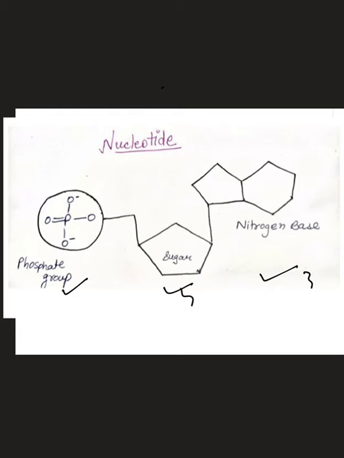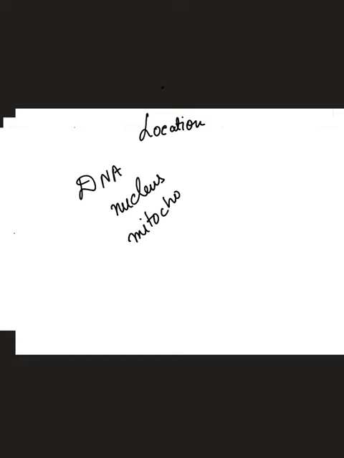Now let's move on to the differences between RNA and DNA. Based upon the location, we can see the difference: DNA is found in the nucleus, and a small amount of DNA is also present in the mitochondria of the cell.